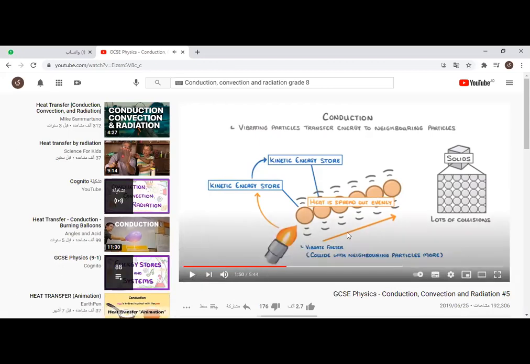Now he is explaining why conduction happens best in solids, because the particles, as you see, are very close together. When this part of the solid gets warm, the particles move faster and they collide with each other and with the next particle. It's called collisions.